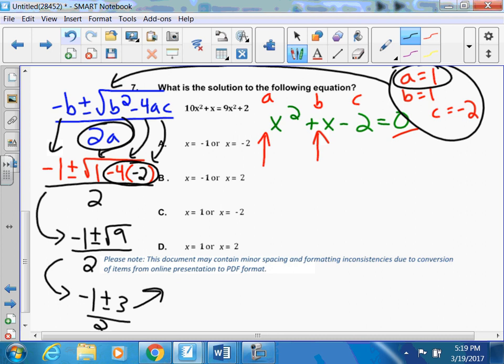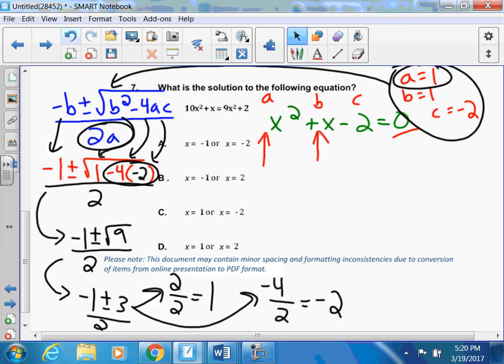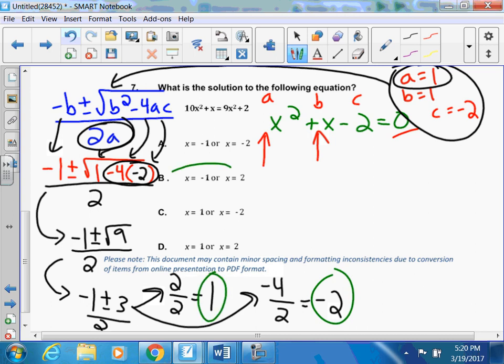Negative 1 plus 3 is 2, divided by 2, which is 1. Negative 1 minus 3 is negative 4, divided by 2, which is negative 2. And those were the two solutions, negative 2 and positive 1, that we originally got right here, actually, at C. So there's 3 ways you could do this problem.